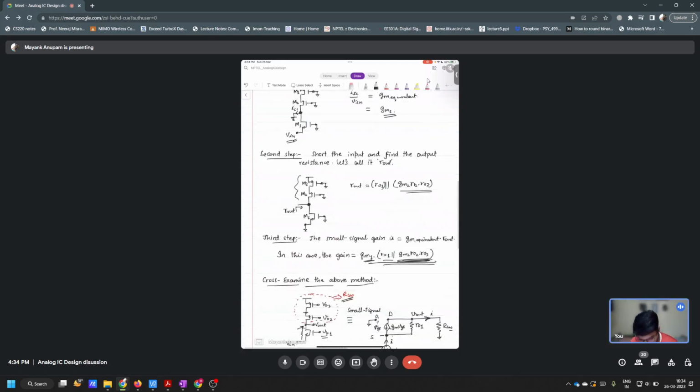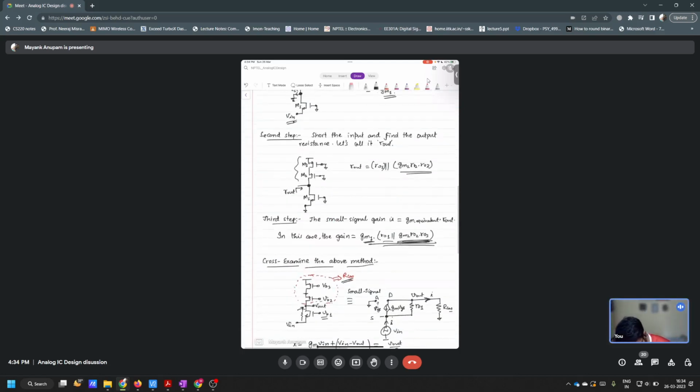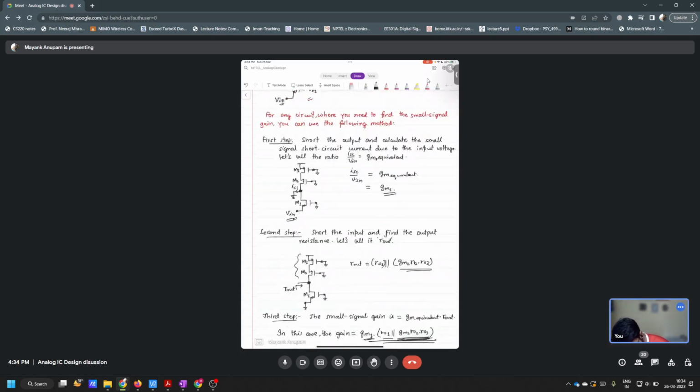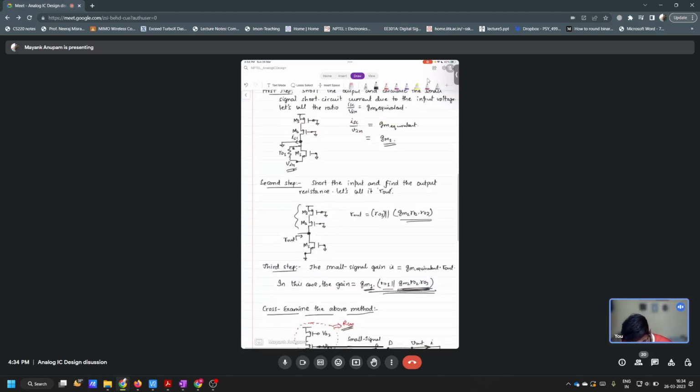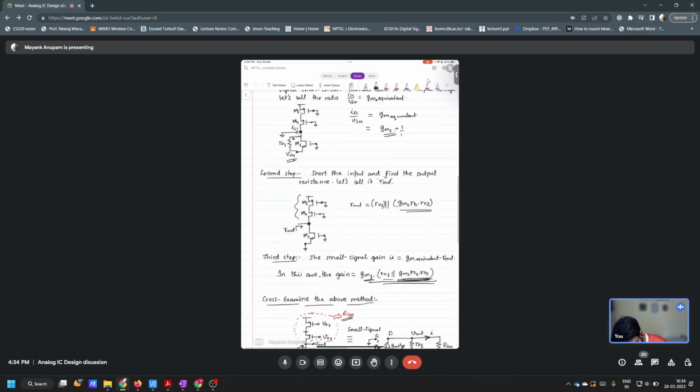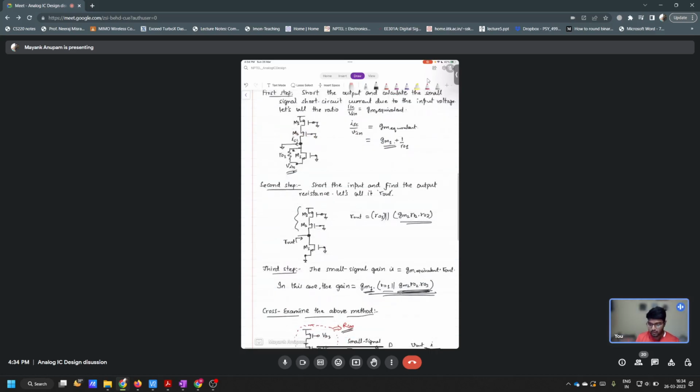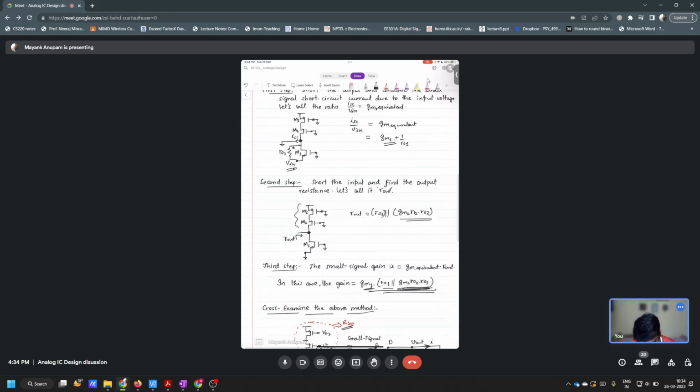Yes, indeed. When we were calculating the short circuit current here, we simply ignored RO1, right? Actually RO1 will be present here also, and if you take into account the effect of RO1, then you will get Gm1 plus 1 over RO1 here also. But we simply didn't take RO1 into account, and that is why we were getting this value.